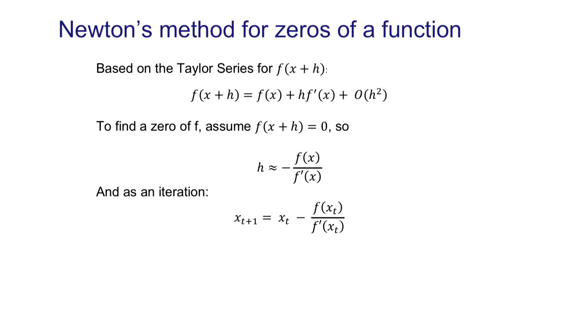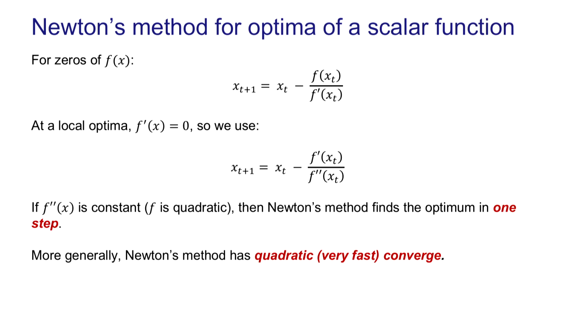So all we do is instead of f, we use f prime. For zeros of f(x), that's the formula. If we want instead a 0 of f prime, of the derivative of f, then it's just the second formula there. So we just take the derivatives of f and f prime, and we get first and second derivatives. And so now you can see it's explicitly the derivative value divided by the curvature value.